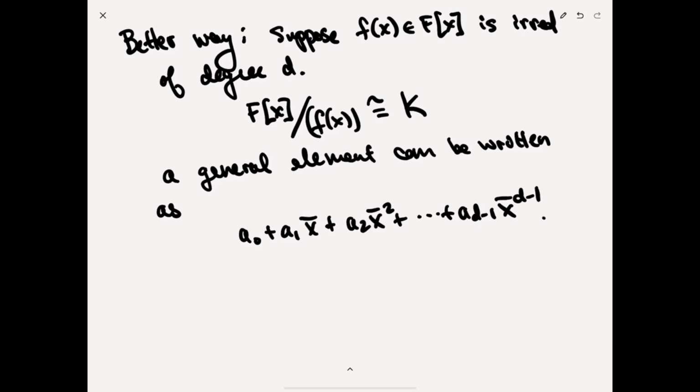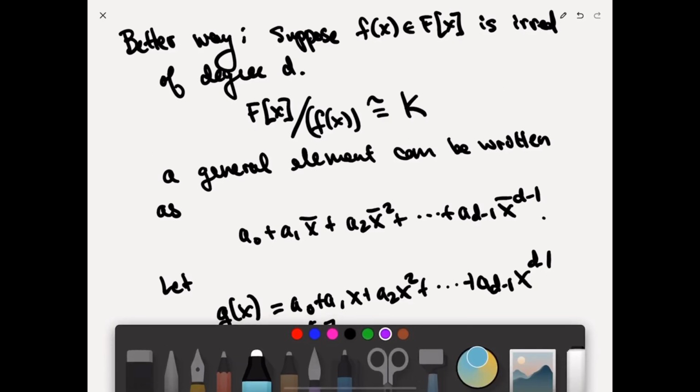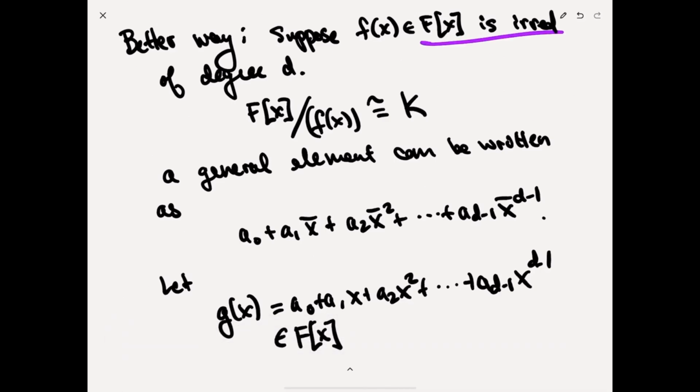Okay, so let g of x be this thing lifted to the polynomial ring. And the point is that this polynomial g and the polynomial f must be co-prime, since f is irreducible. So f is irreducible up here, and these two things need to be co-prime.